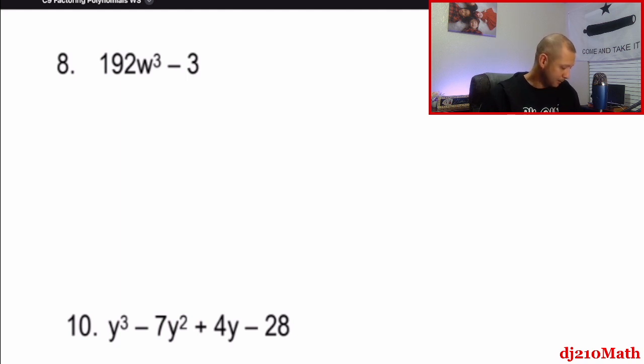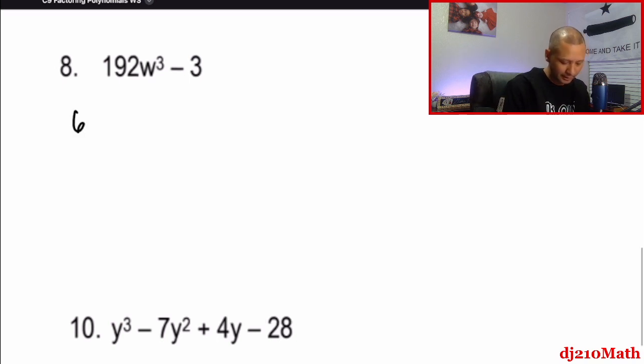Number 8. 192 w cubed minus 3. I feel like 192 is divisible by 3. It is, right? Because 3 goes into 19 6 times, 1 left over. 3 goes into 12 4 times.